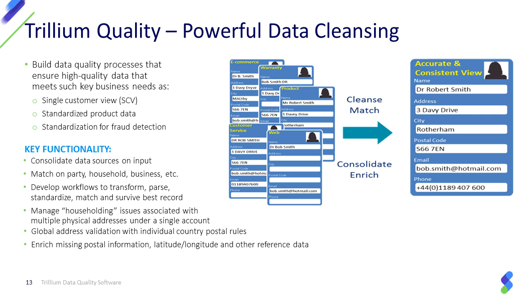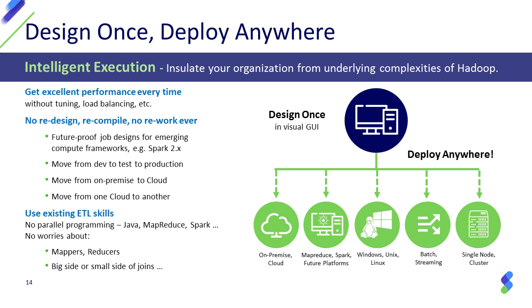It can give you global address validation, so it can look at an address from anywhere in the world and figure out if it's valid and put it in a standard format. It can enrich with any data that's missing. Let's say somebody forgot to put their zip code in. You can get that nice and clean and polished so that your data is beautiful.